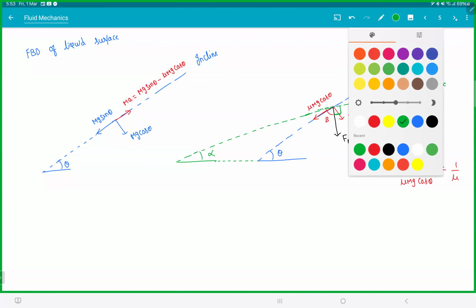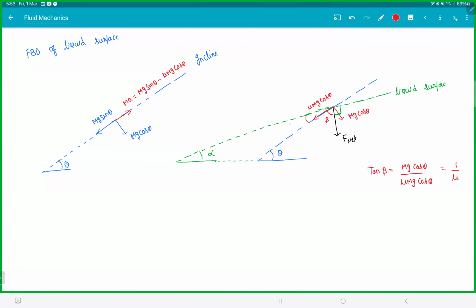If you complete this triangle, if that is beta, this would be 90 minus beta, and this would be 180 minus theta. The sum of the angles should be alpha plus 90 minus beta plus 180 minus theta equals 180. 180 cancels off. You could have taken this angle also as beta and got something similar; it depends on what you're choosing as beta.